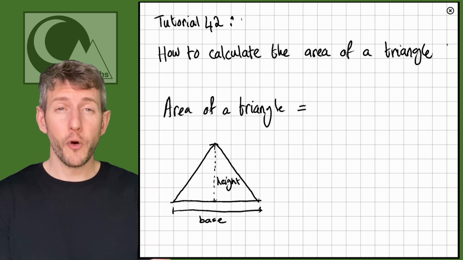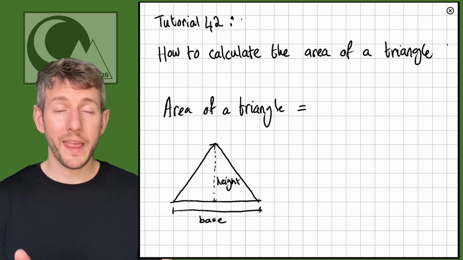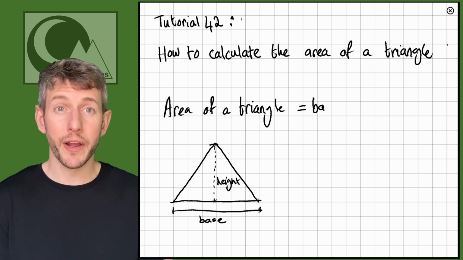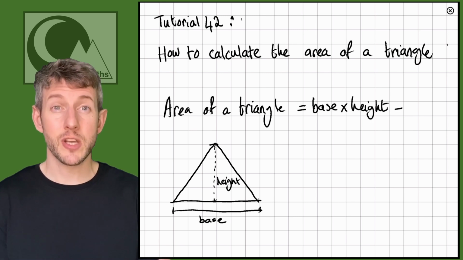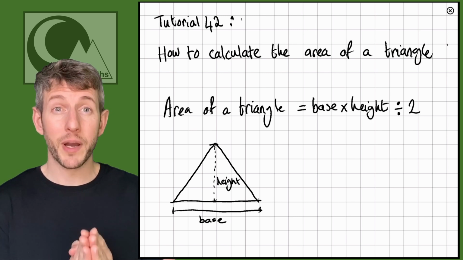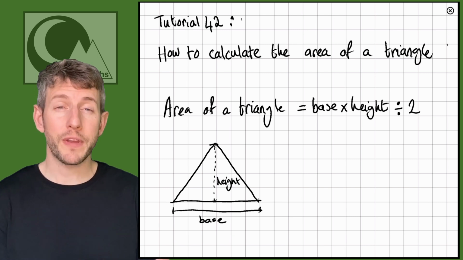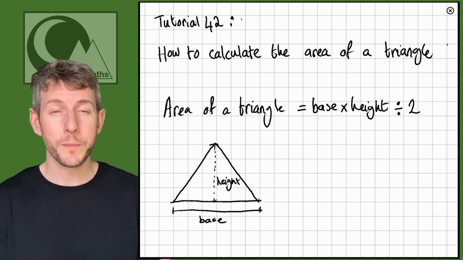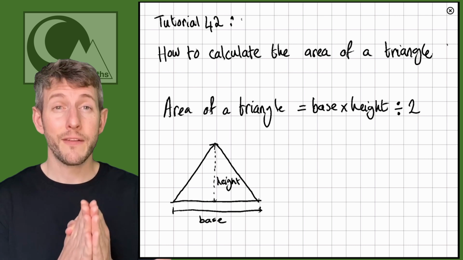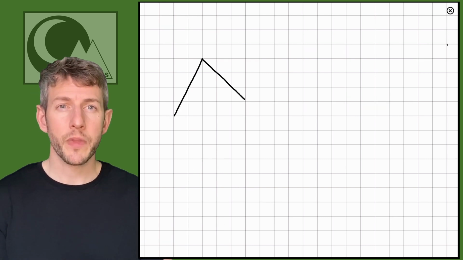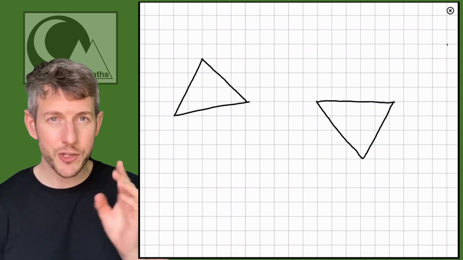So the formula for the area of a triangle is: the area of a triangle equals base times height, then divided by 2. Now, the important thing here is to be able to identify the base and the height. What I like to do is think about any triangle.